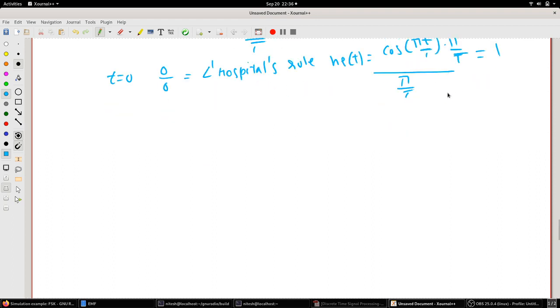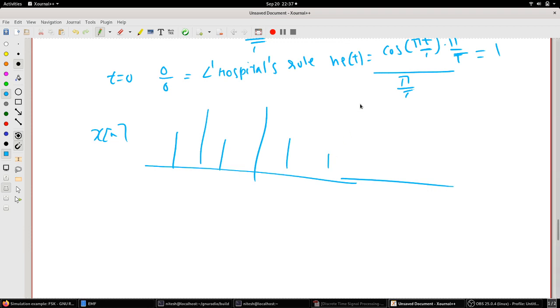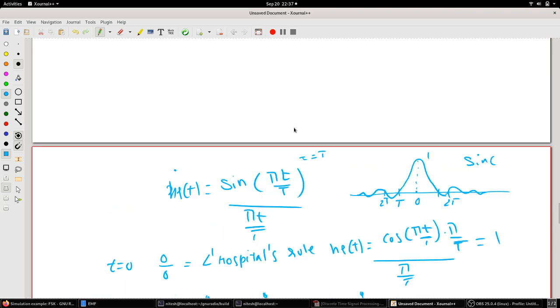So if you look at this, what is happening is you had your x[n], which was something like this. Let's just say this is what you had, at 0, 1, 2, 3, 4, 5, and minus 1, minus 2, minus 3. This was your x[n]. Now what you are doing here is multiplying each value of x[n] with shifted sinc functions.